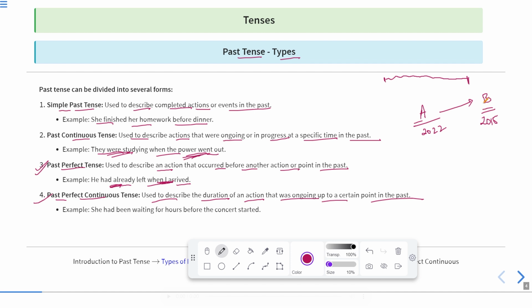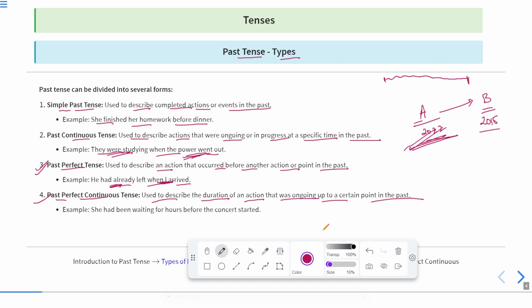So here B can say, I had been working in this organization since 2015 when you joined. So some action was ongoing in the past at the time of this action. Maybe it is continuing today as well, but the time which has been mentioned was up to 2022.